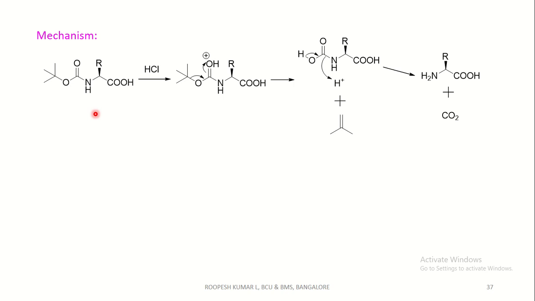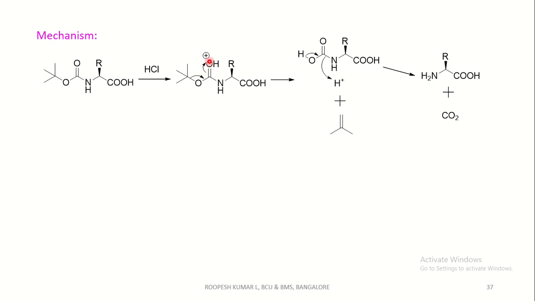Mechanism. This is a Boc protected amino acid. On reaction with HCl, we form this, with the formation of a positive charge. This bond breaks, that is, a tertiary carbon oxygen bond breaks, and forms a double bond.